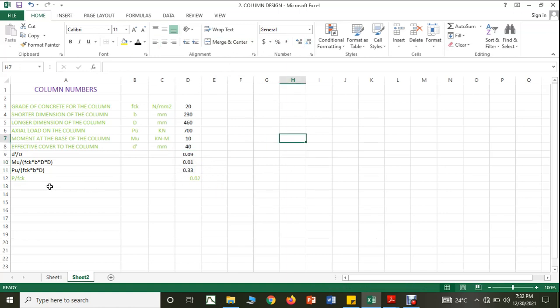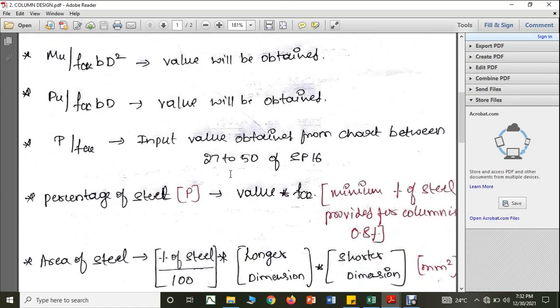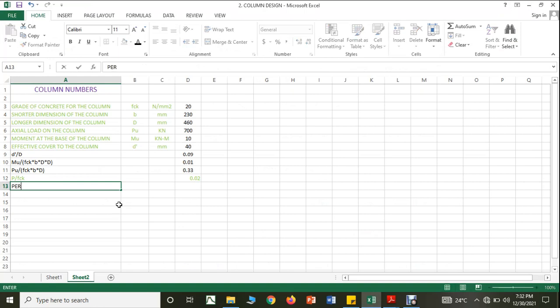So once you get 0.02, you should get the next step, the percentage of steel. How? You multiply that by FCK, and you will get the percentage of steel. So the percentage of steel will be given as P, and it will be in percentage.